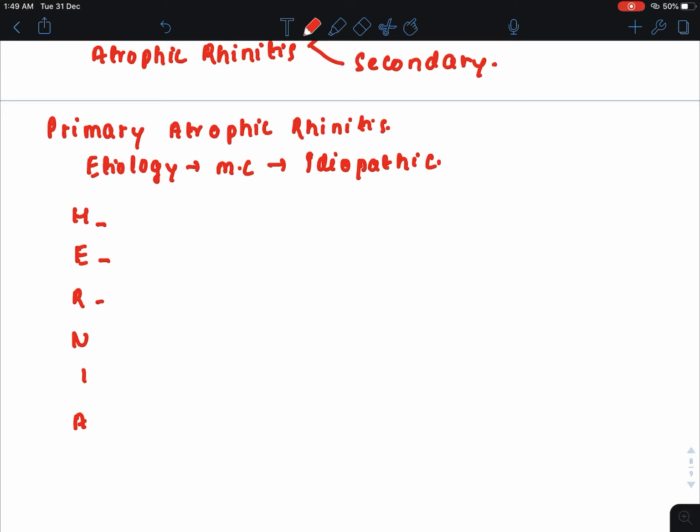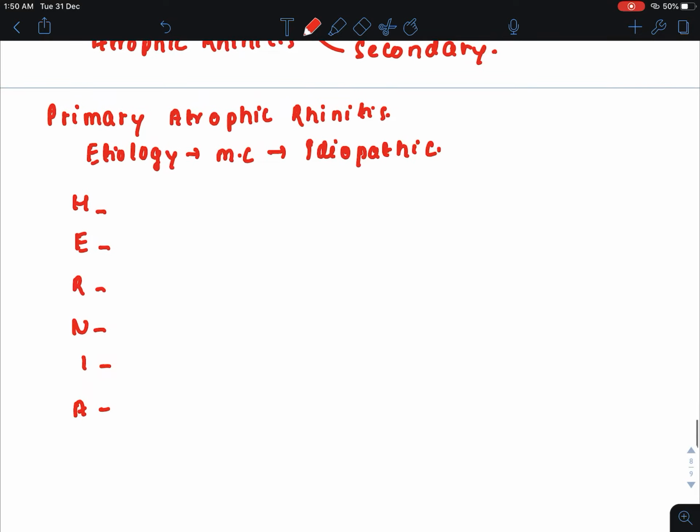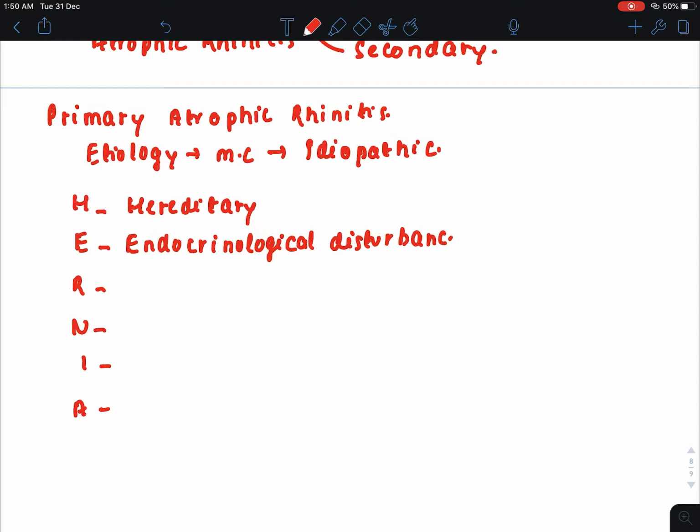HERNIA. This is the mnemonic. So H means heredity, E means endocrinological disturbance, due to deficiency of hormone estrogen.